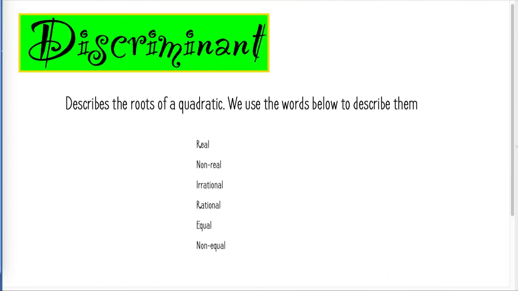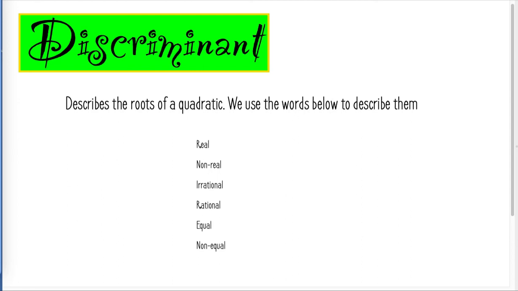So in a nutshell, discriminant just helps us decide what the picture should look like ahead of time. And it really describes the roots. Like I describe you guys to people. They're tall, they have dark hair, they have long hair, they have short hair, but they have blue eyes. Well, the roots of a quadratic really can't be that much. They can be real roots.